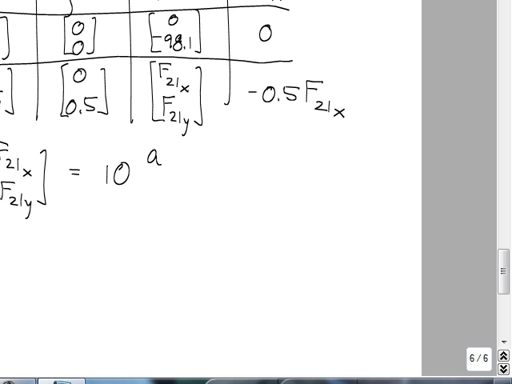We don't know anything about the direction of this acceleration, so this just has to be a vector.